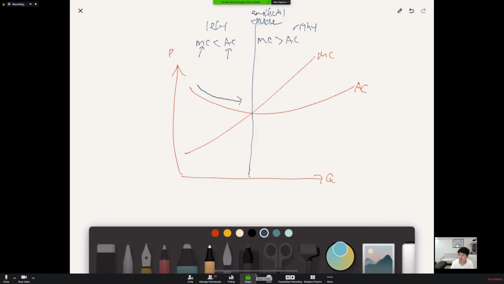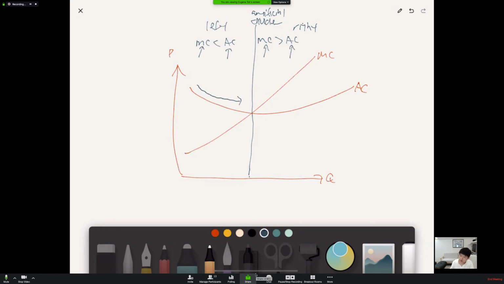Make sense? Let's now look at the right hand side of the graph. I've got a class of 10 girls, average height 1.7 meters tall. I add a 1.8 meter tall girl. I don't know if such a girl exists or not, but we add a girl who is 1.8 meters tall to the class. So the marginal height of 1.8 meters is higher than the average height of 1.7 meters, right?